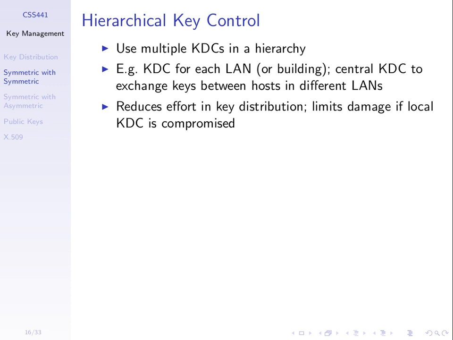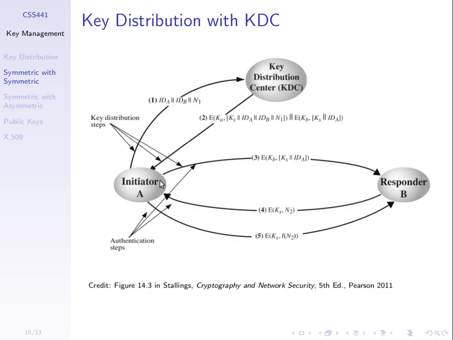So you can use it in a hierarchy, because one of the problems of a KDC is performance. Let's say we have 1,000 users. Every time they want to talk to each other, they need to contact the KDC. So the server is a bottleneck with respect to performance. To overcome that bottleneck, you can have a hierarchy, multiple KDCs.